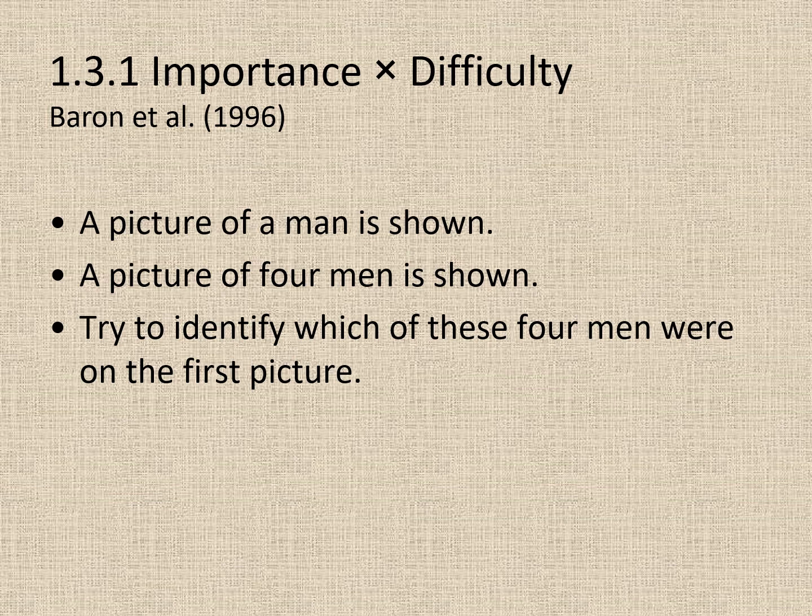And then another picture with four men, a police lineup. Your task is to identify which of these four men was in the first picture. This is very old, from '96, so they are drawn pictures. They didn't have photos at that time yet.